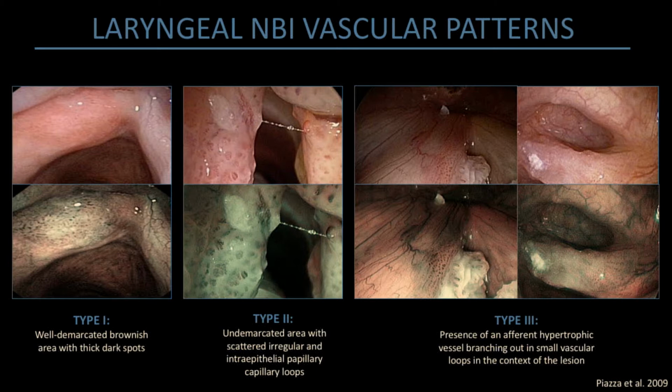It's interesting also in this picture, where in white light you focus on the anterior part of the vocal cord, but with NBI you can define a line between the healthy tissue and the lesion. You can appreciate the dark spot also in the posterior part of the vocal cord. You can appreciate the hypertrophic vessel coming and stopping just before the line, because it changed direction in this situation.